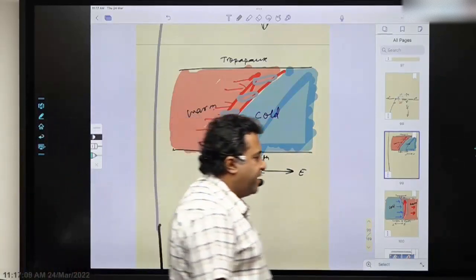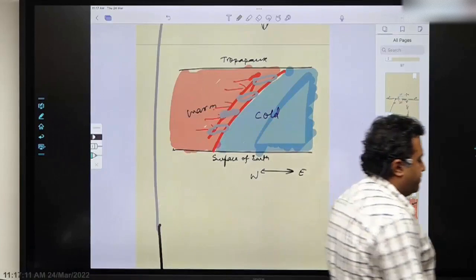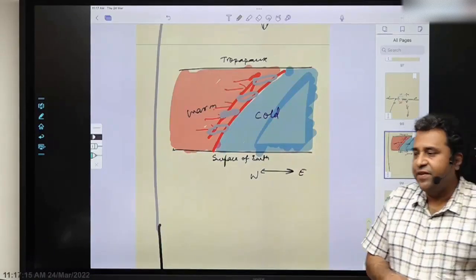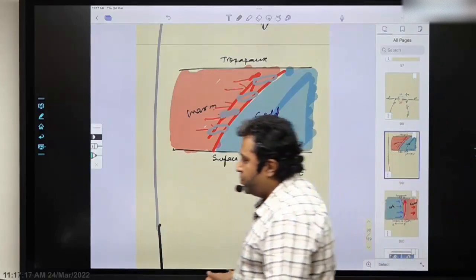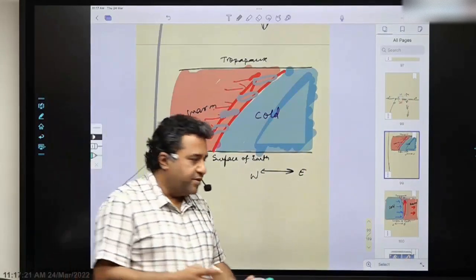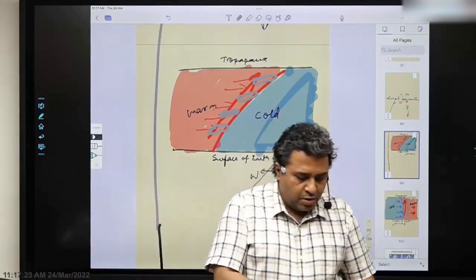And hence finds it relatively difficult to push the cold air mass. You write this way. Finds it relatively difficult to push the cold air mass.